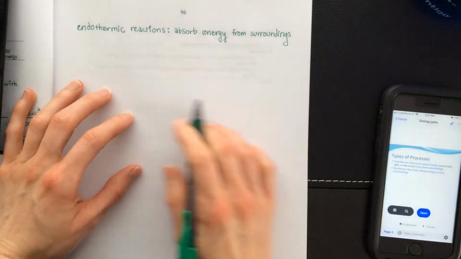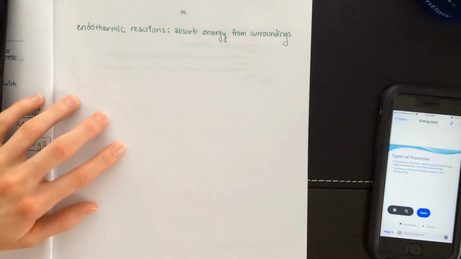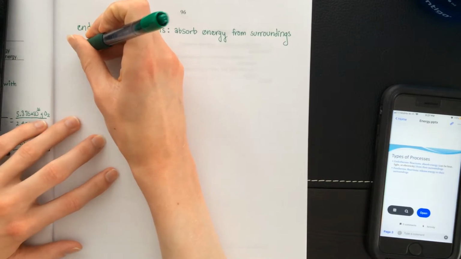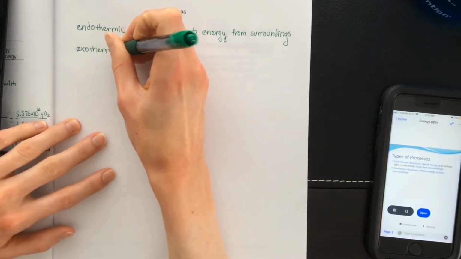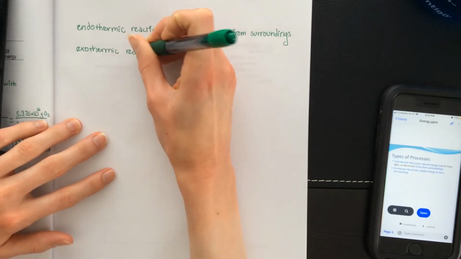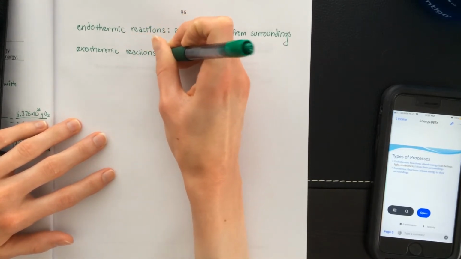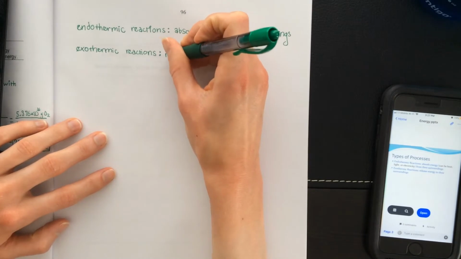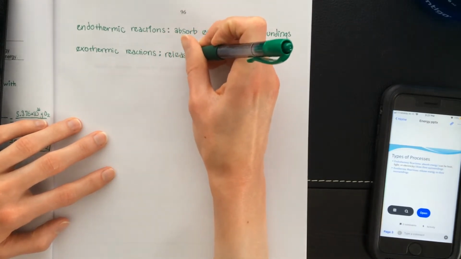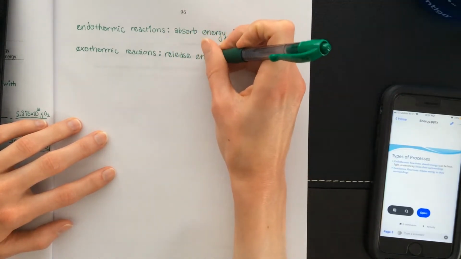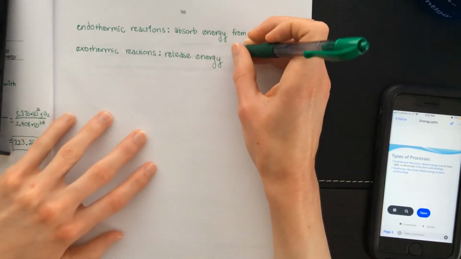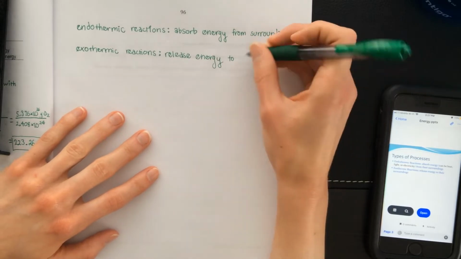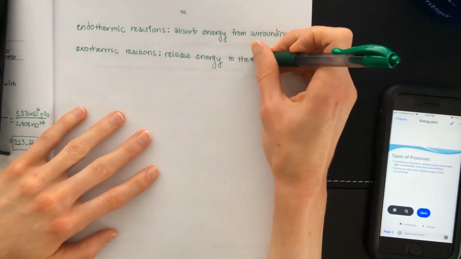Okay, so any kind of energy. And then the opposite of that is exothermic reactions. And those types of reactions are the type that release energy to their surroundings. And again, that can be in the form of heat or light.